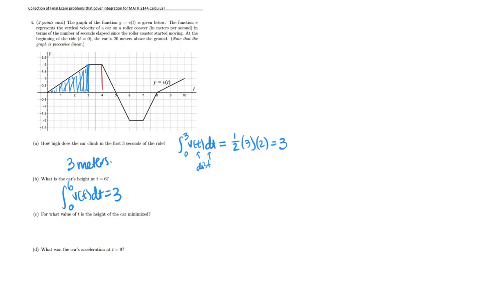And then I also will have this region, which is going to be 2. So 1 times 2. And then this from 4 to 5 and from 5 to 6, that'll give me 0. So this is going to be equal to 5.